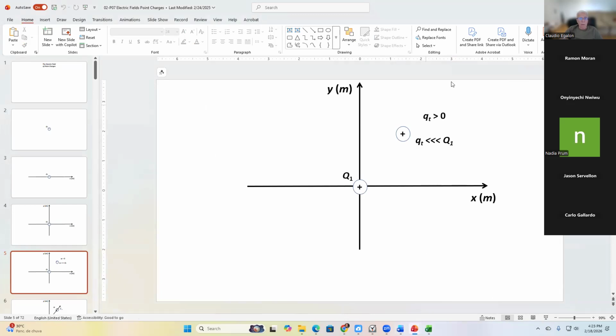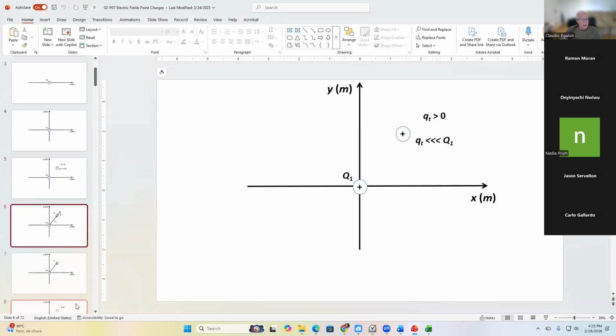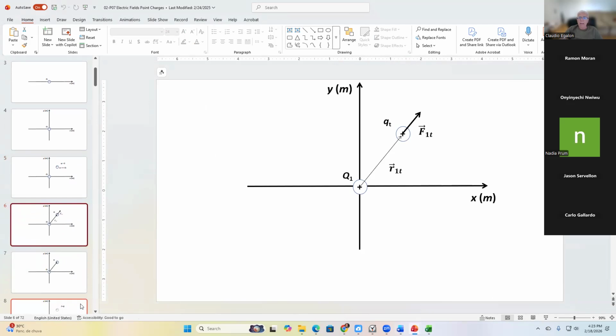Okay, what else? When we put this test charge next to the main charge, what's going to happen? You know that there will be an electrostatic force interaction between them. This main charge is going to exert an electric force on the test charge. Up to now, there's nothing new here, right?